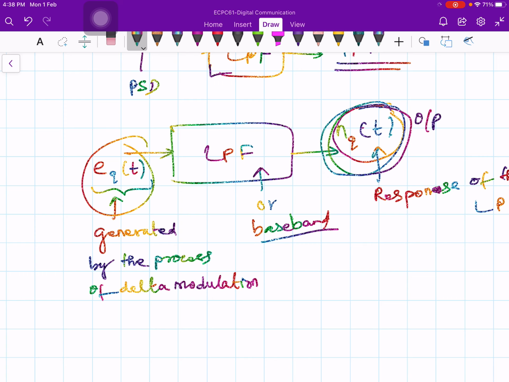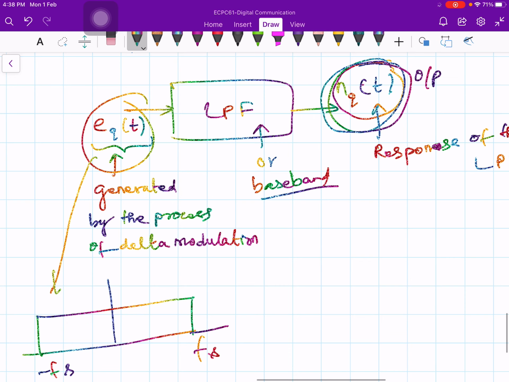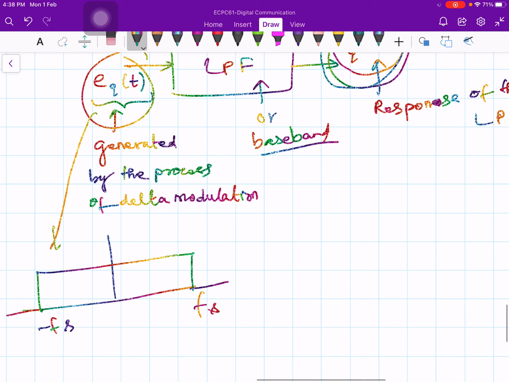Essentially, these two are going to be different in the frequency domain. In the frequency domain, this guy is going to exist from minus Fs to plus Fs. Why minus Fs to plus Fs? Because your delta modulator is running at the clock frequency of F suffix s.